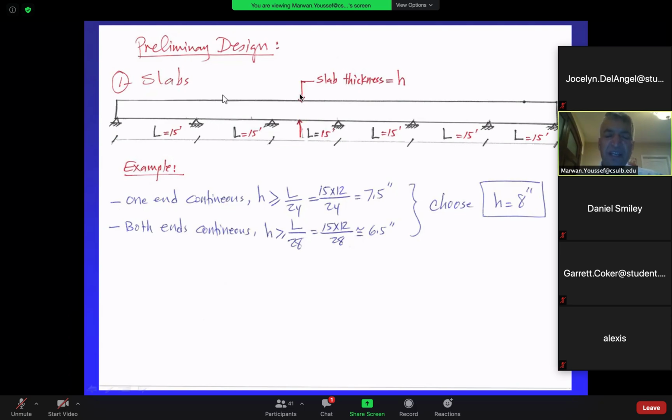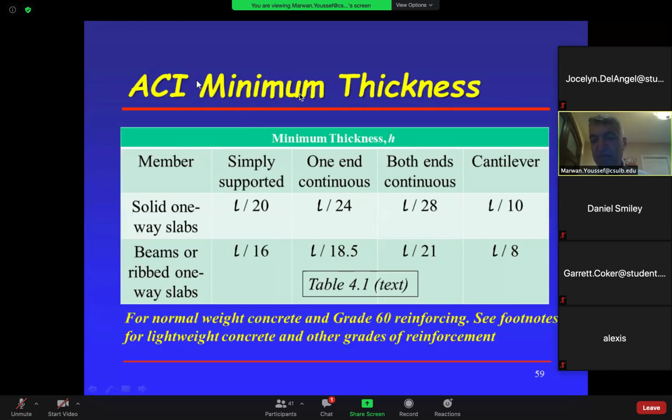So how do I know the thickness? I know we covered it, but I'm going to repeat that. There's this table from the ACI code that tells me the minimum thickness. Okay, minimum. You can be higher than that, but you cannot be lower than that. And the code tells us if you use this table, you calculate the thickness of your slab or the thickness of your beam. I can calculate the solid slab thickness and the beam thickness, and we're going to use the same one.